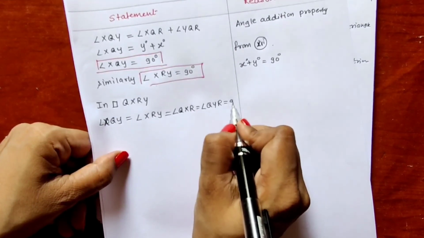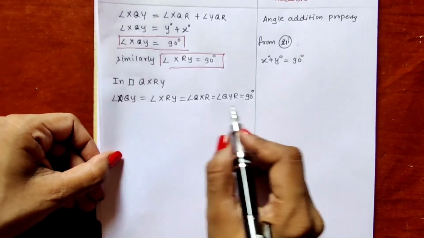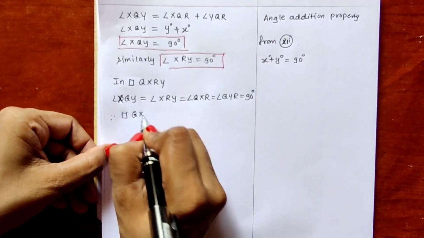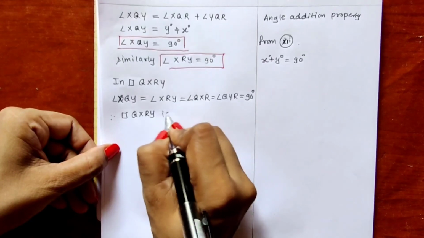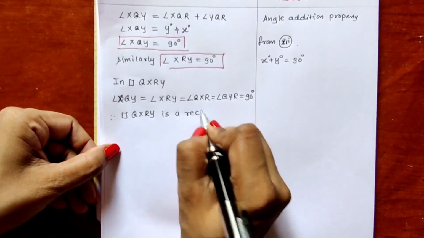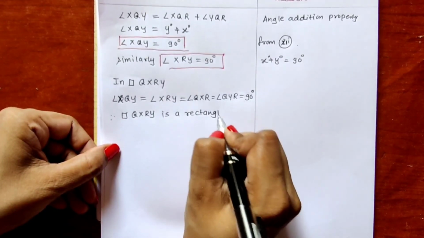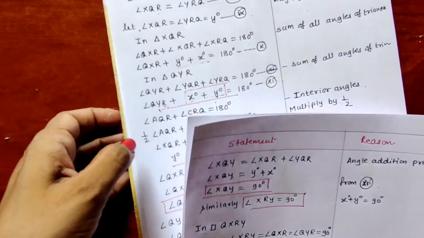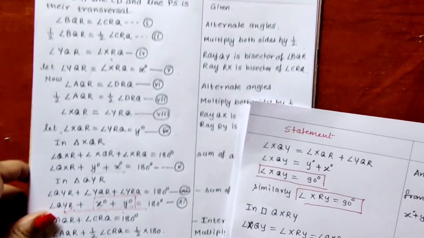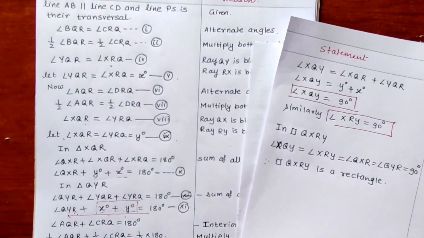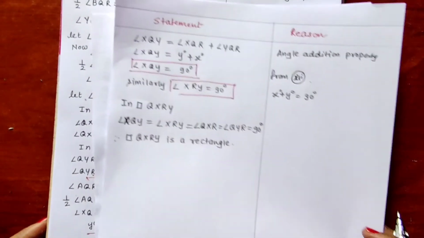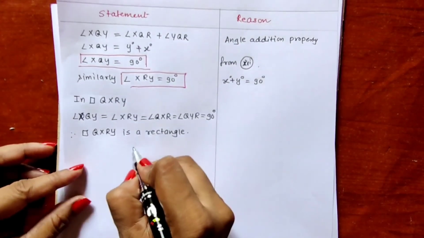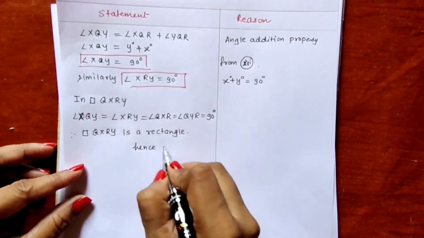All angles are of 90 degree, all four angles 90 degree. Therefore quadrilateral QXRY is a rectangle. In this way we have to write the proof. Big proof, but if you follow all the steps properly you will not find anything difficult. This is the end of the proof. So we have to write hence proved.